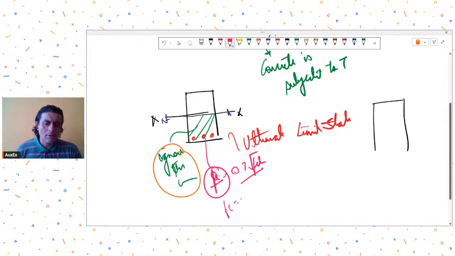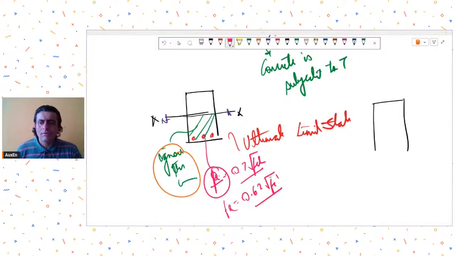As per American code, I think rupture strength is 0.62 under root fc', if I am able to recall correctly. So when I'm talking about concrete in tension, wherever the tensile stresses go beyond this value, that portion of concrete is cracked. But for simplicity of calculations, we ignore the entire concrete which is in tension.